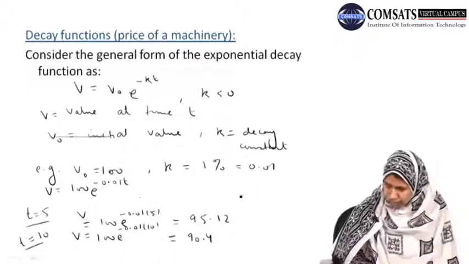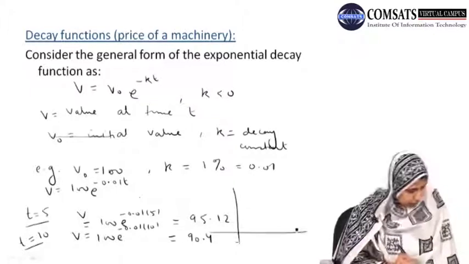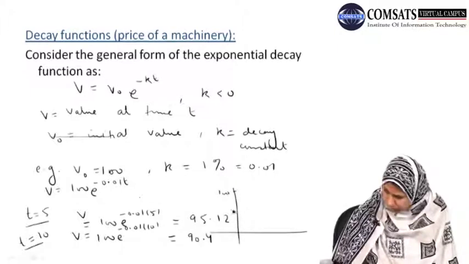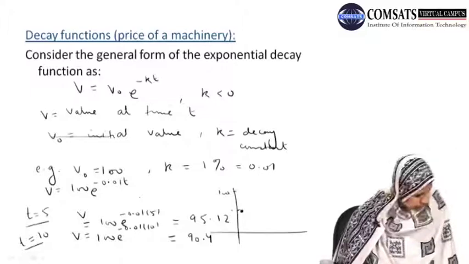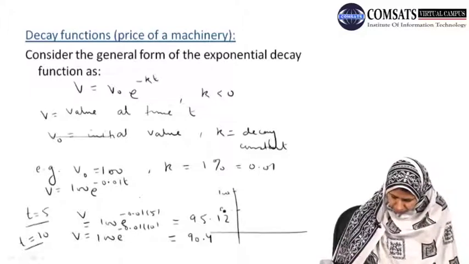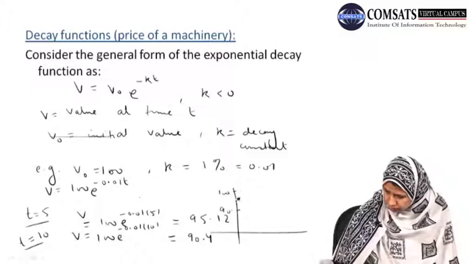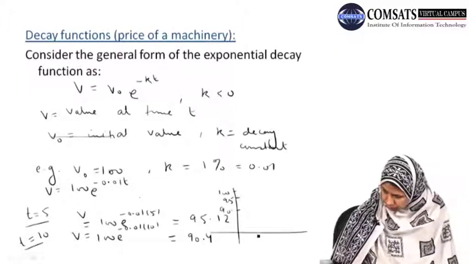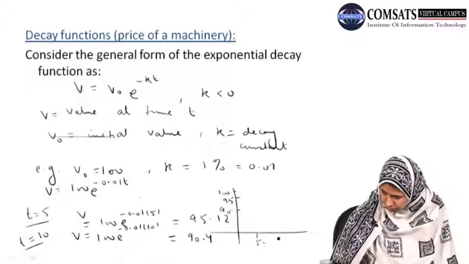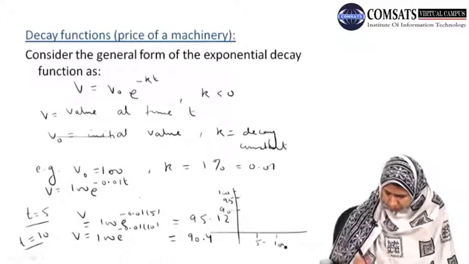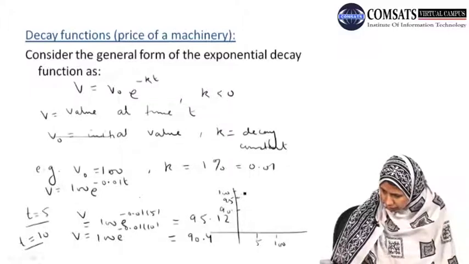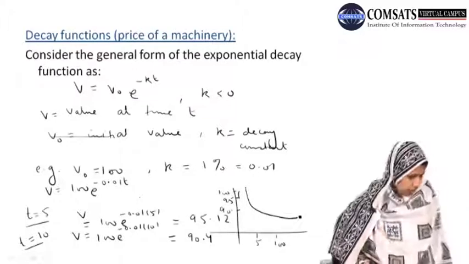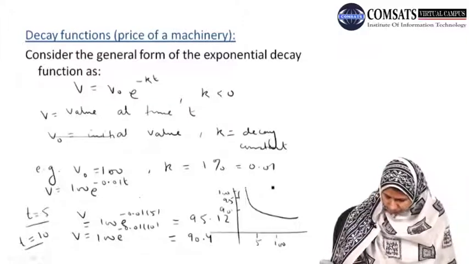90.4. And the graph of this function will be, if this is 100, this is, let's say, 90, and in between is 95, and on our x-axis this is 5 and this is 10, then the graph will be a decreasing function.